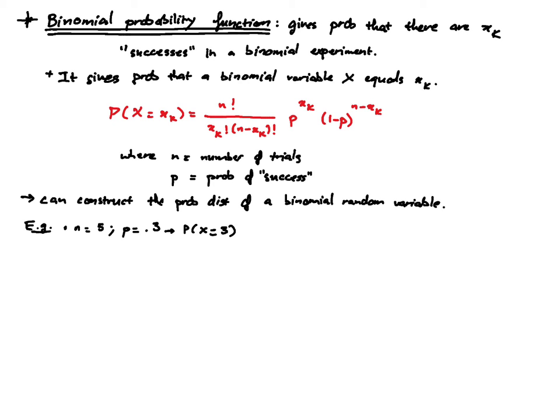If we apply the formula here, it's going to be equal to 5 factorial divided by 3 factorial times 5 minus 3 factorial, times 0.3 cubed, so p to the x sub k, times 1 minus 0.3 to the n minus x sub k, which is 5 minus 3.